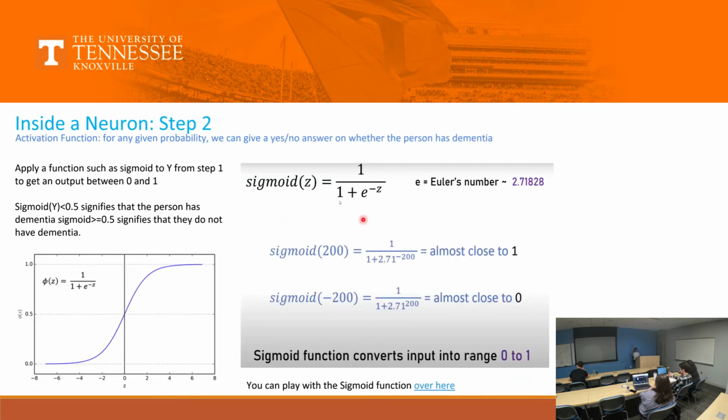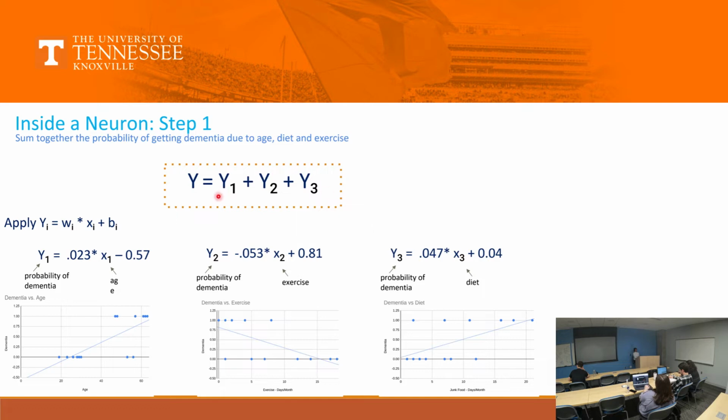Now, the second thing happening inside a neuron is your activation function. Now, what is this activation function? Here, these values of y1, y2, y3 can have any values. You will see in the next slide, I have an example.